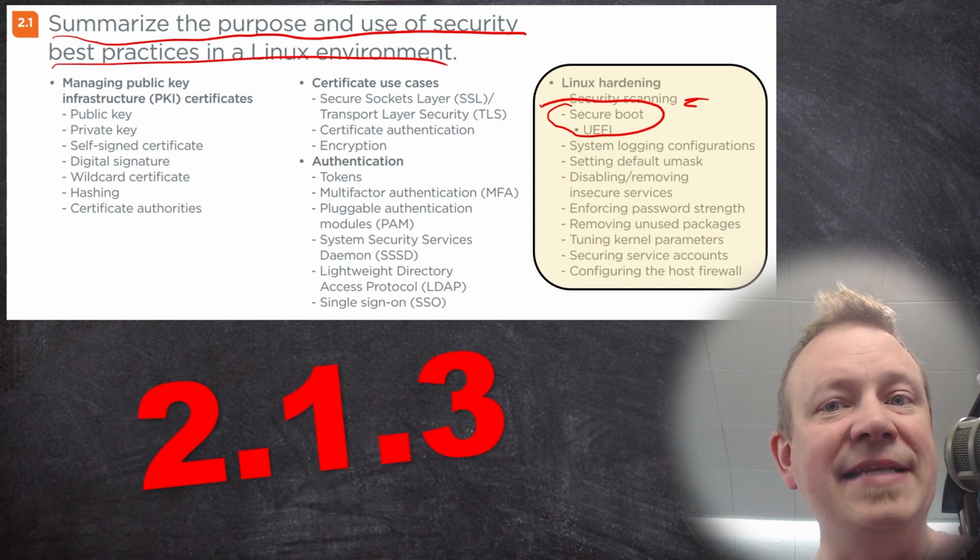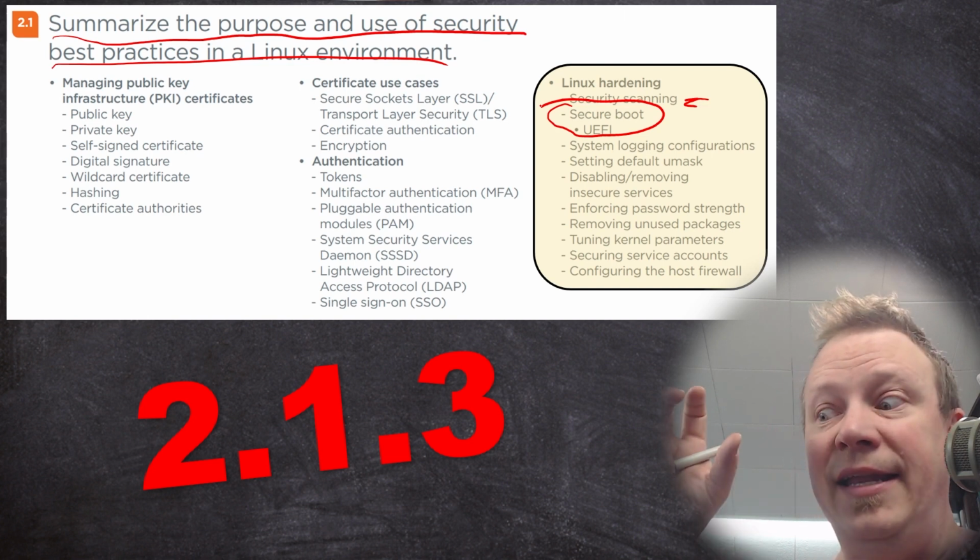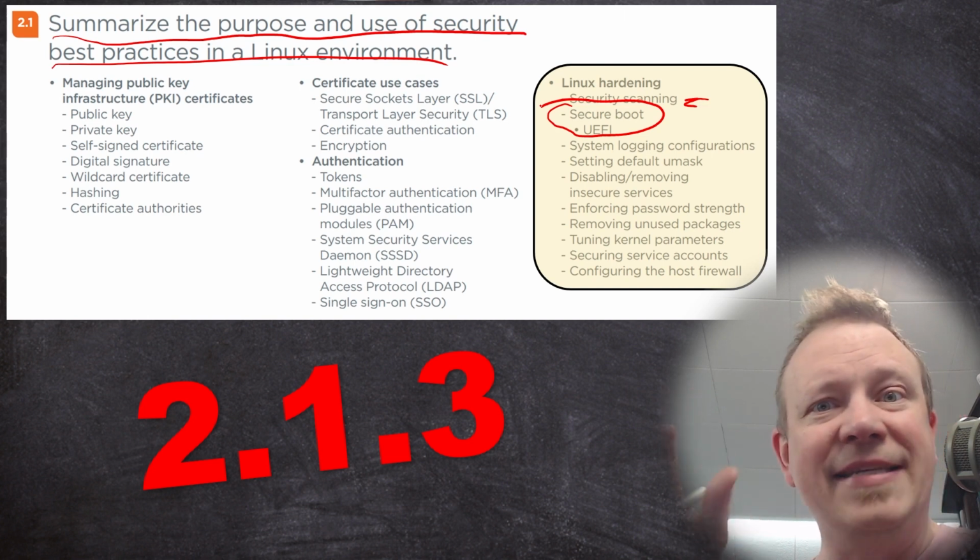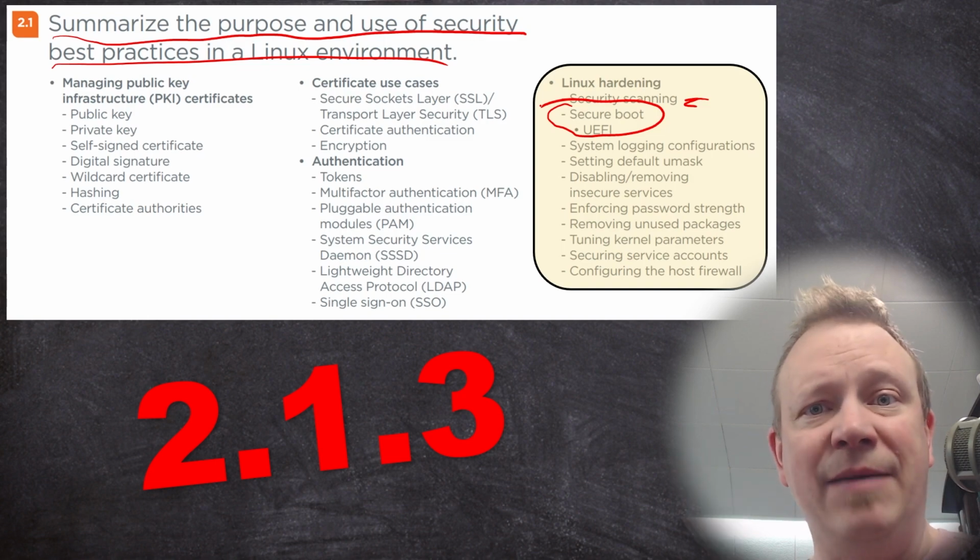It's verified that it hasn't been compromised. There's a little bit of frustration with Secure Boot because most systems have a set of keys built in, kind of like the certificate authorities for websites, where browsers build in all of those CAs so that they know who to trust.